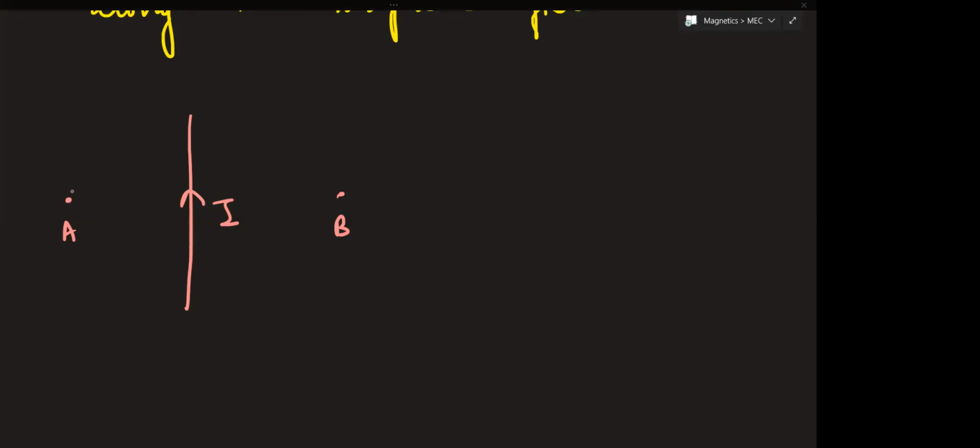First, tell me at least for point A. Check whether your fingers are pointing towards you, as if they are coming out, or going inside the page, in which case it will be inwards.